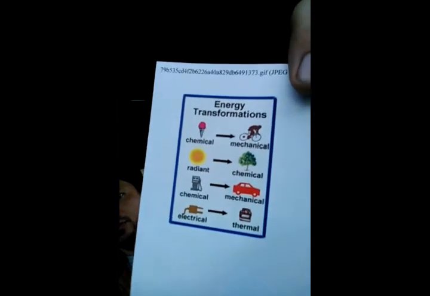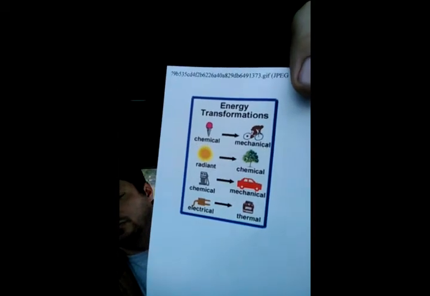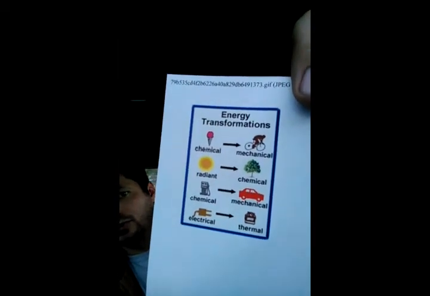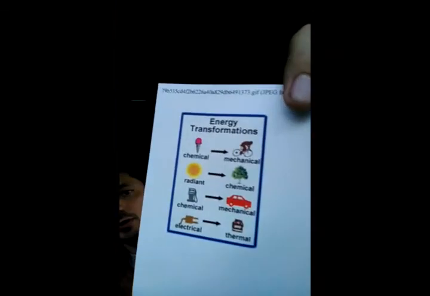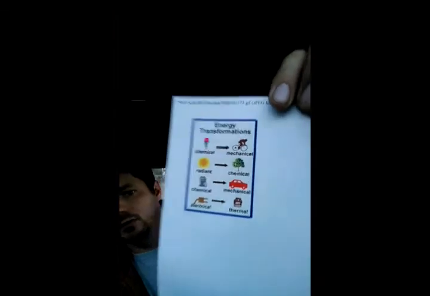You have the energy of the sun, and photosynthesis, helping plants so they can make their own food. And then you have chemical energy. The gasoline explodes inside the pistons, creating work on the drive shaft. And then electrical energy to thermal as resistance in the wire for toasters.